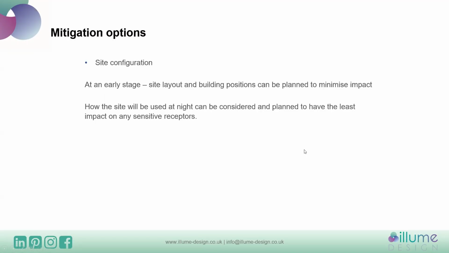I've looked at lots of different sites. For example, 24-hour sites are a good example of this. Energy from waste, they may have visitor areas and also 24-hour use areas. But if you have an input at the beginning of when the site is being planned, we can talk about where there are any sensitive areas and how these timings and the way the site will be used can be factored in to reduce the impacts.